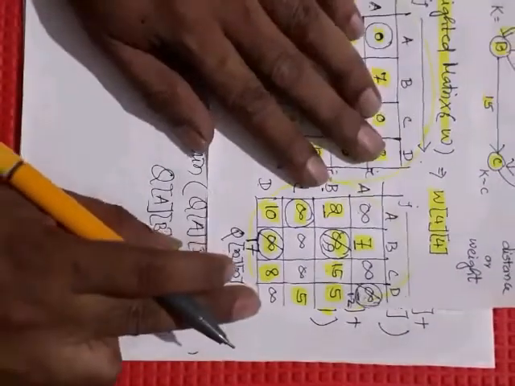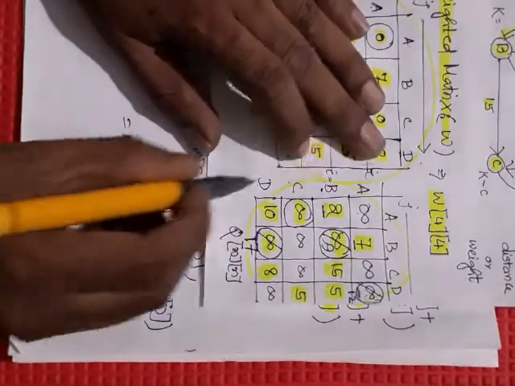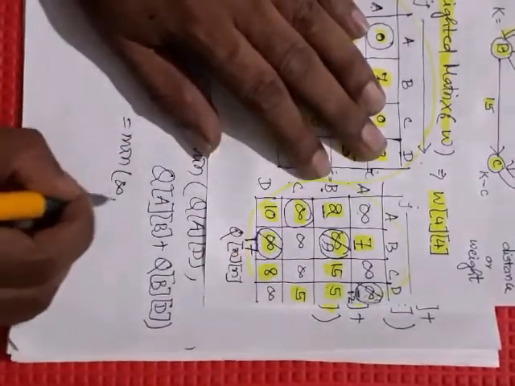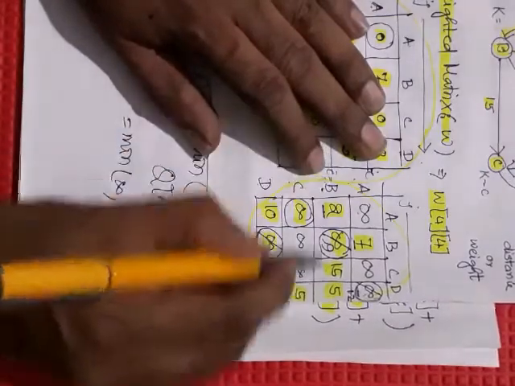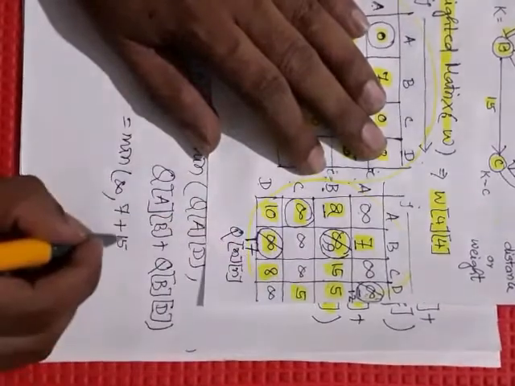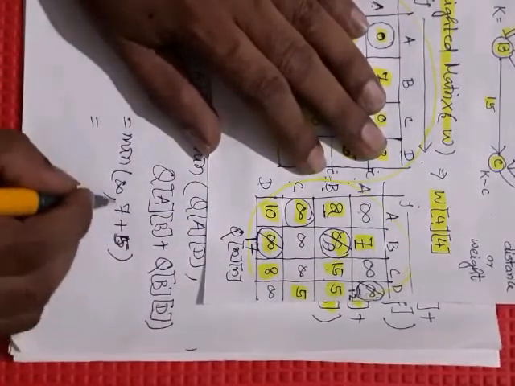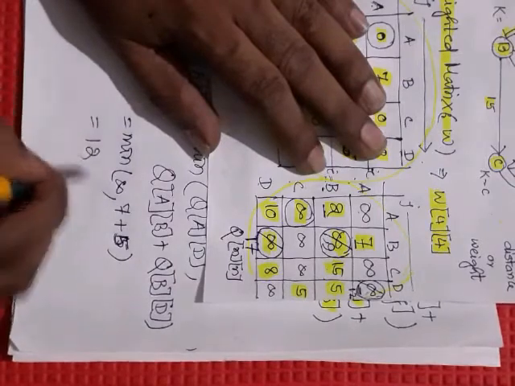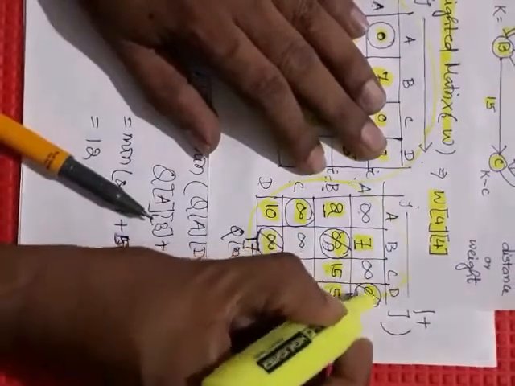If you verify this matrix, you can see Q of ad already contains infinite, comma, Q of ab contains 7 plus Q of bd contains 5. So here 7 plus 5 is 12. The minimum value is 12, so it is updated to 12. So when intermediate vertex k equals b, it is updated.